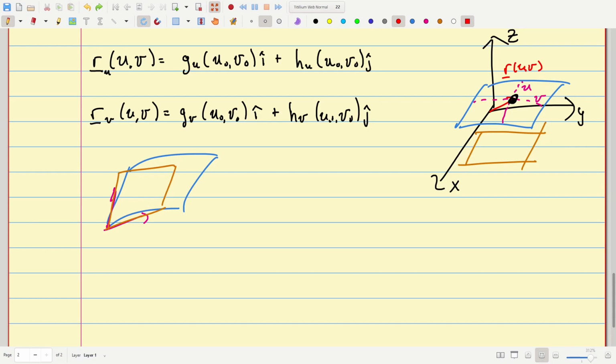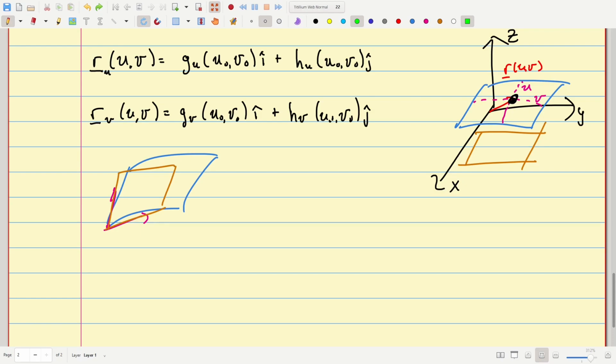And it is necessary for us in order to determine the difference between these things, because this has a different area than this does. And so we need to use calculus to track the difference of that area. We happen to know that we can use cross products of a parallelogram.